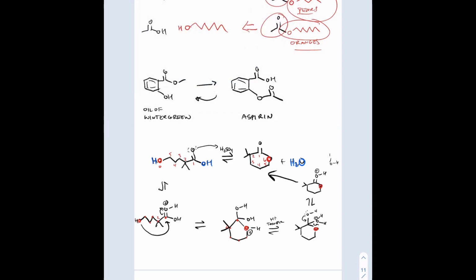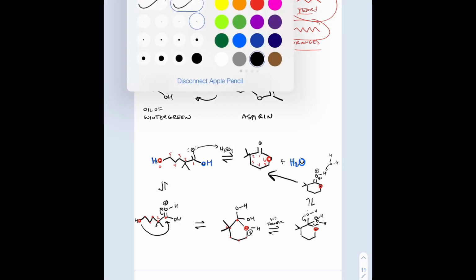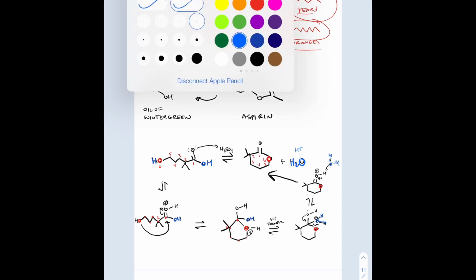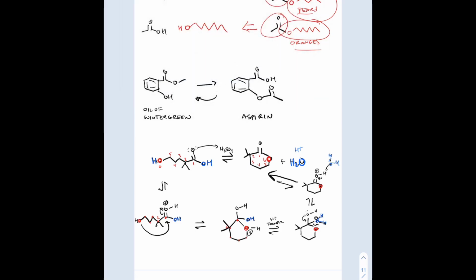I like to keep track of my carbons by numbering them. That way it makes for an easier synthesis or formation of that mechanism, and I would suggest you do that as well. So we've mentioned before that this is all in equilibrium.